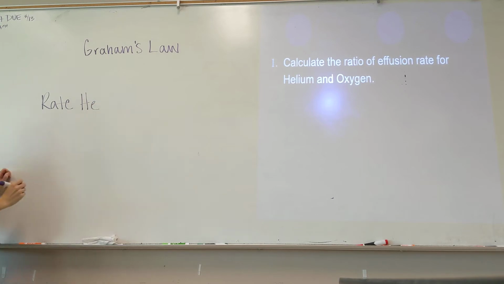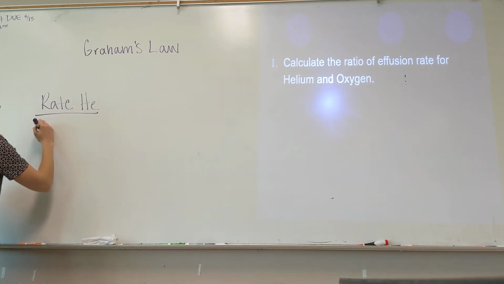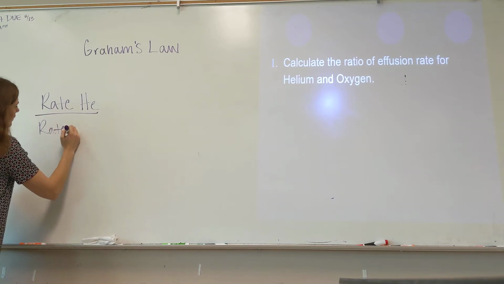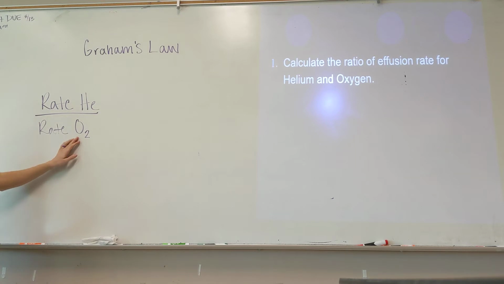I'm going to put helium first because it wants the ratio of helium to oxygen. And I'm going to have the rate of O2. Oxygen by itself is a diatomic, as we've learned. And with oxygen in our air right now, it is O2, not just O. So we're going to write the rate of O2.